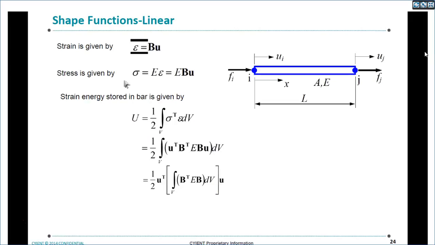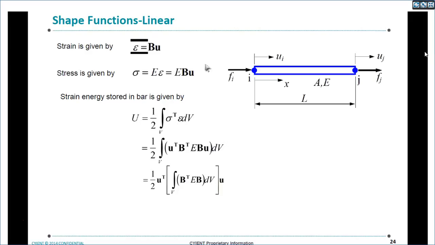So the stress is given by E into strain. It is nothing but E B u. So strain energy stored in the bar is given by half into the integral of stress into strain, integral over volume. Then when you put all those equations here, substituting stress as E B u, so that will come here.